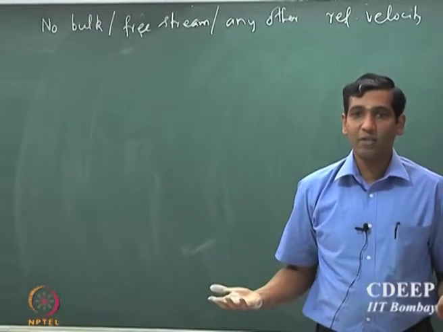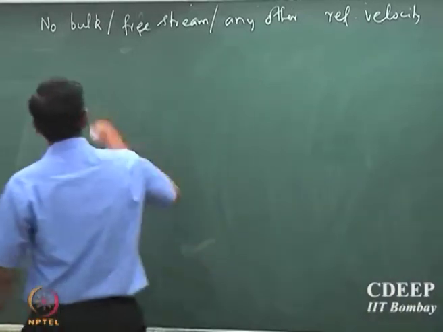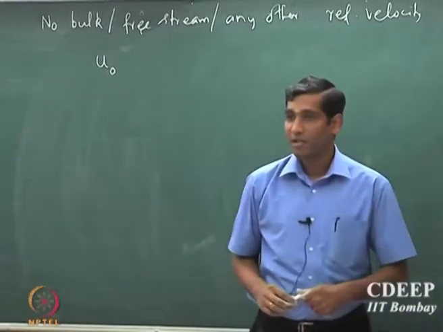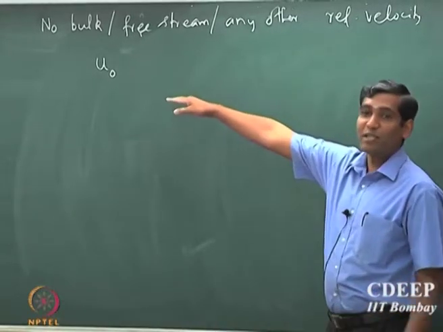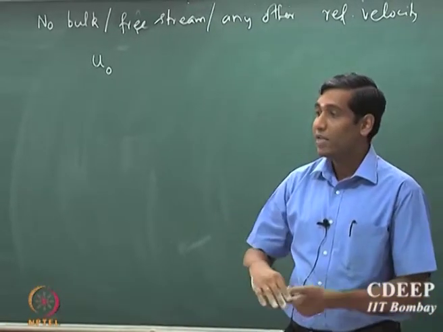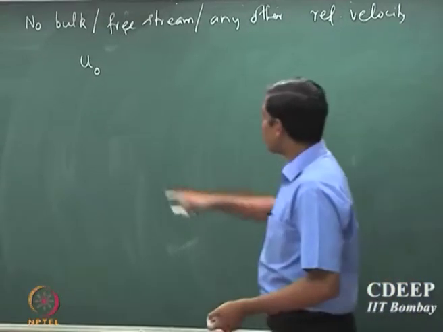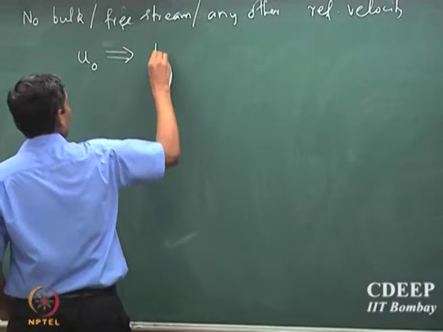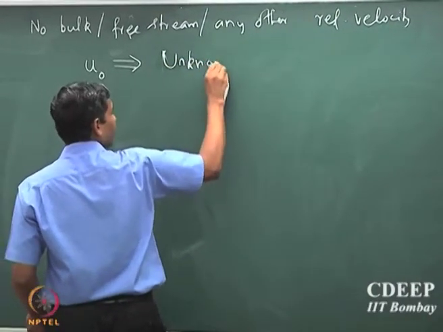We don't know any velocities inside the boundary layer. So what we are going to do is, we are going to assume that there is some reference velocity. We are going to show later that we will not be using this reference velocity for any of the calculation purposes, in fact to even define any of the domains. So the only place where we will be using this reference velocity, so it's an unknown reference velocity.